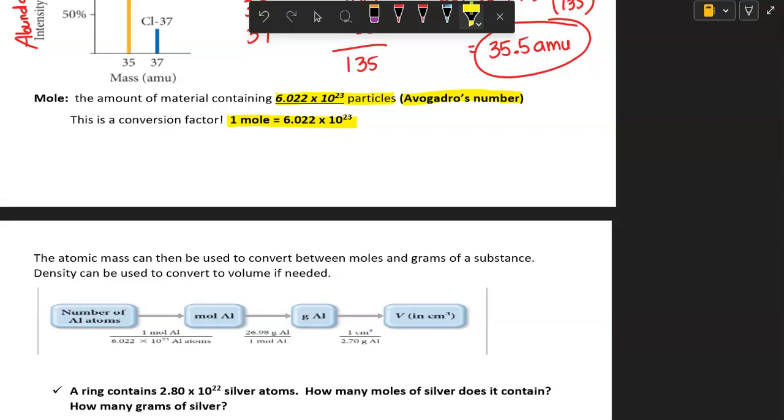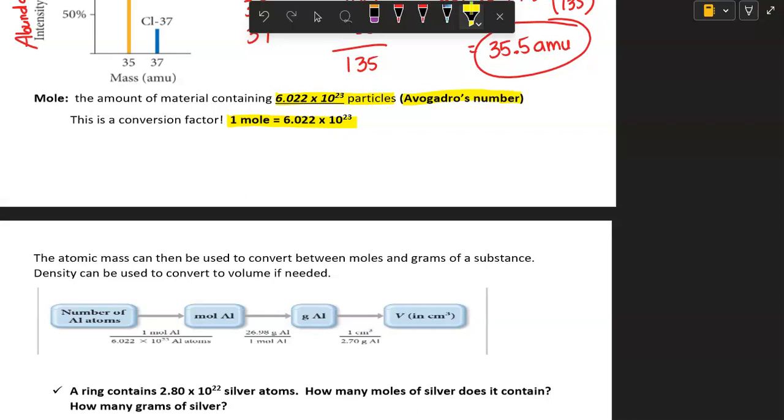That's enormous, okay? The reason we have such a large number is that we're dealing with unimaginably tiny particles. Atoms are tiny. The subatomic particles are even tinier. So you've got to think about it: it takes a lot of them to make the tangible samples that we're able to see and use.